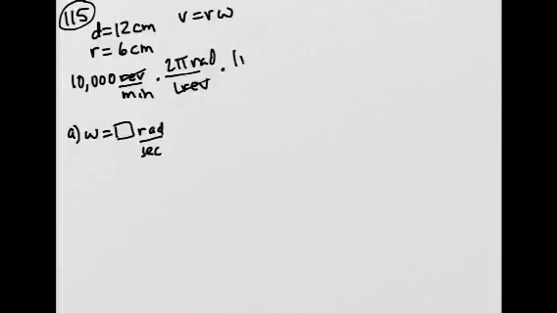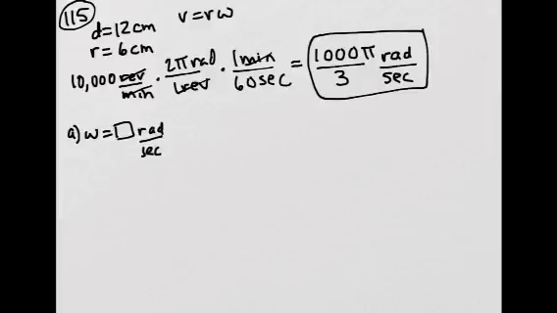So 1 minute, 60 seconds. And so put this into a calculator. So here you have the answer. Again, for angular velocity, we usually keep it in terms of pi. So that's why you see it as 1,000 pi over 3 radians per second instead of a decimal.